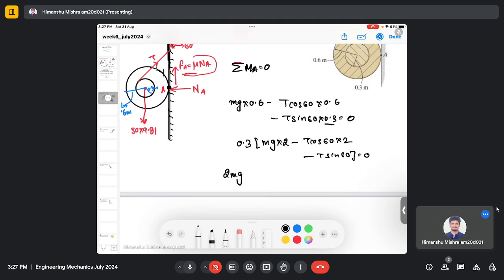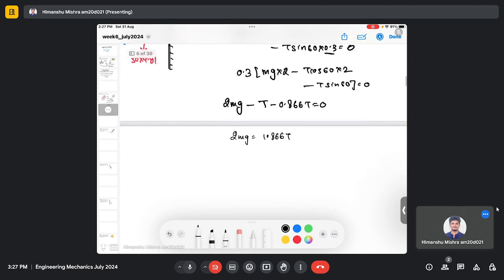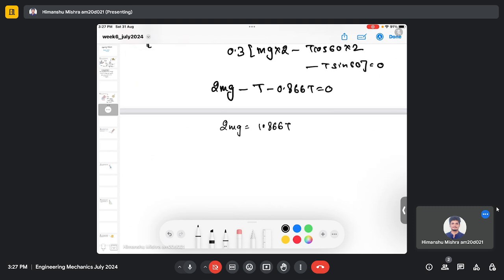So here you have 2 mg minus T minus 0.866 T equals 0, so 2 mg equals 1.866 T. So T is 525 Newton.